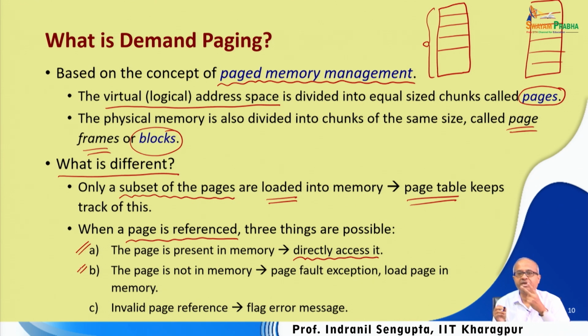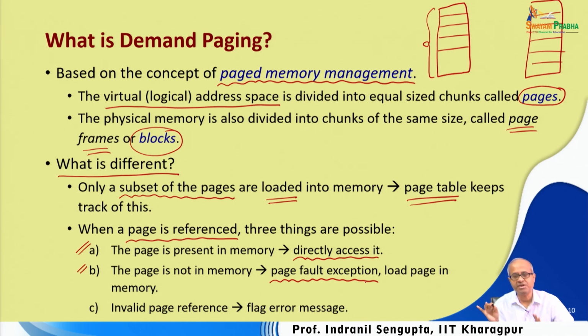Now, there are two conditions possible that the operating system has to decide. Once the page table entry is marked as invalid, a page fault exception will be generated. It is called a page fault. It is an exception or an interrupt that will be generated automatically. Page fault means it is an exception which arises when the requested page is not currently in memory. If that valid-invalid bit is marked as invalid, a page fault exception will take place.